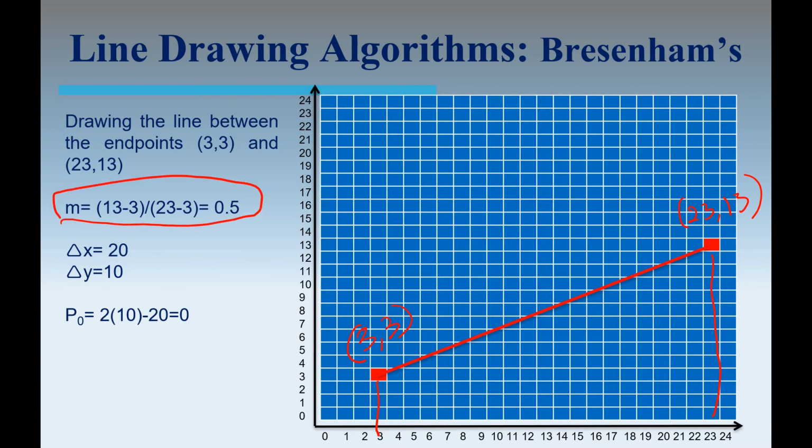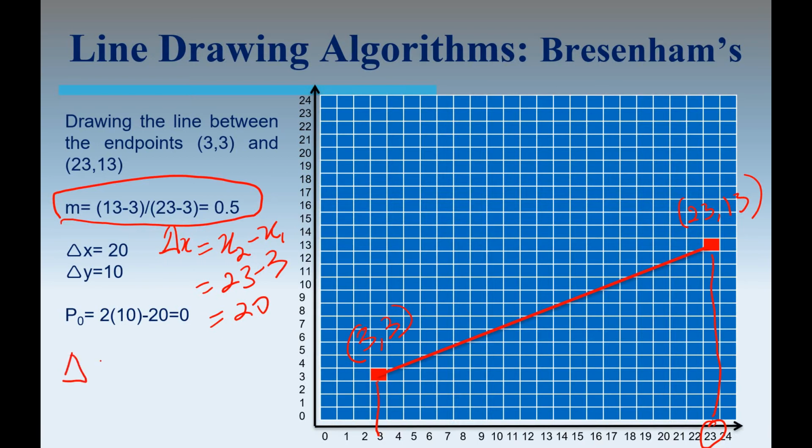But in the Bresenham line algorithm, what we need is to find the differences between the endpoints. So here we will calculate Δx equals x2 minus x1, which is 23 minus 3. Now we get Δx equal to 20.